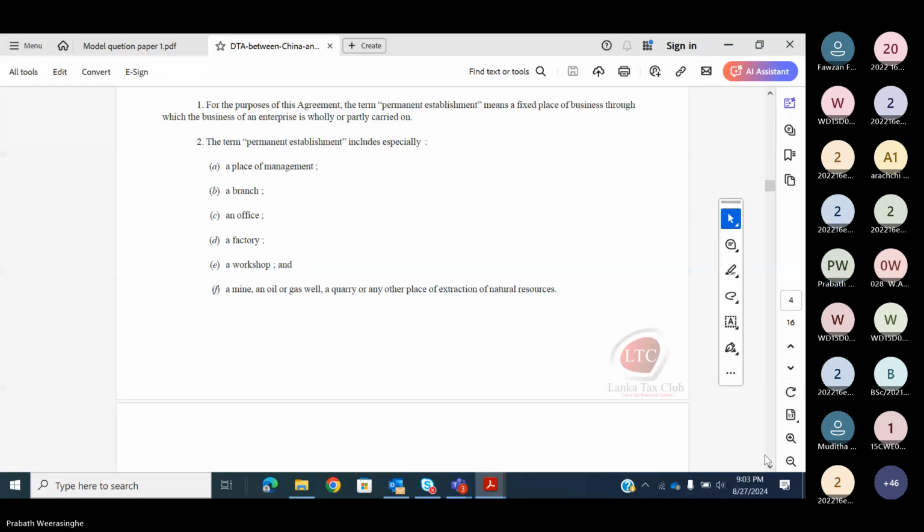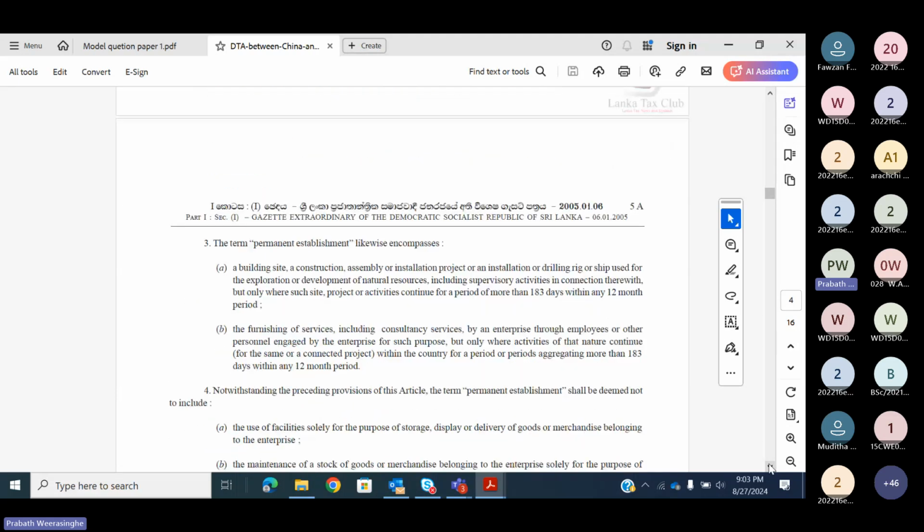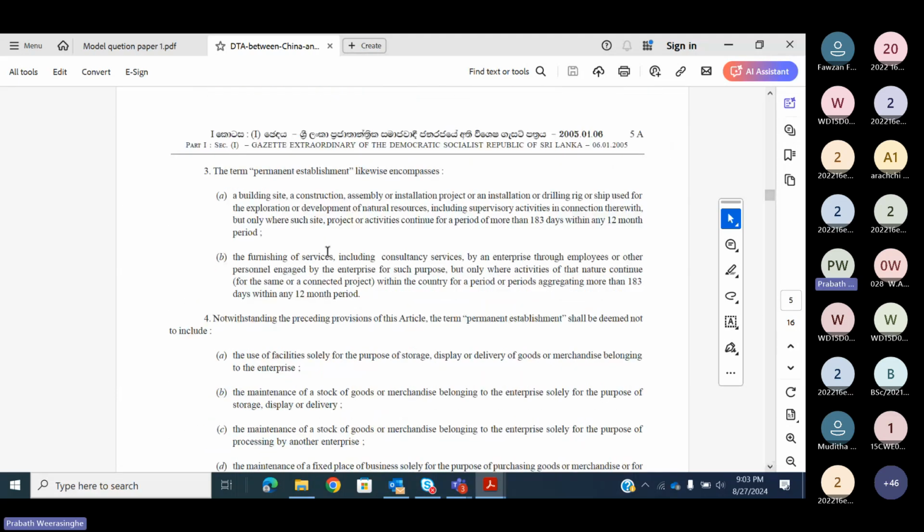Thereafter it says the construction site, so we are not bothering about this. Then it says project activities continuing for a period of more than 183 days. In the case of services, including consultancy services, it is also more than 183 days. Then it shall be treated as a non-resident company or enterprise having a permanent establishment, right?